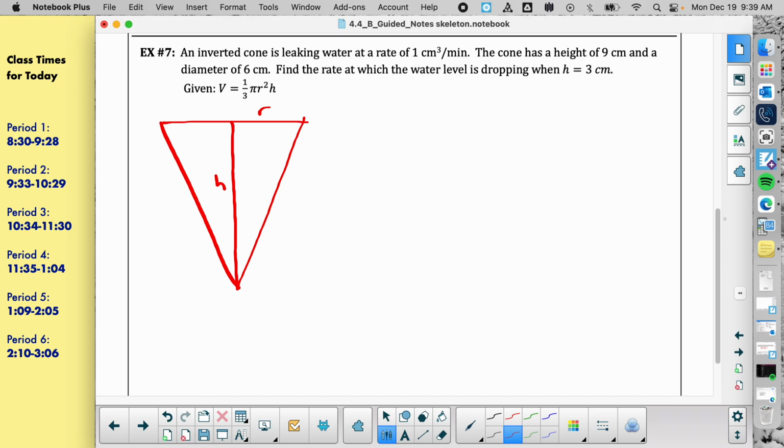It says the cone has a height of 9 centimeters and a diameter of 6 centimeters. Find the rate at which the water level is dropping when the height is 3.